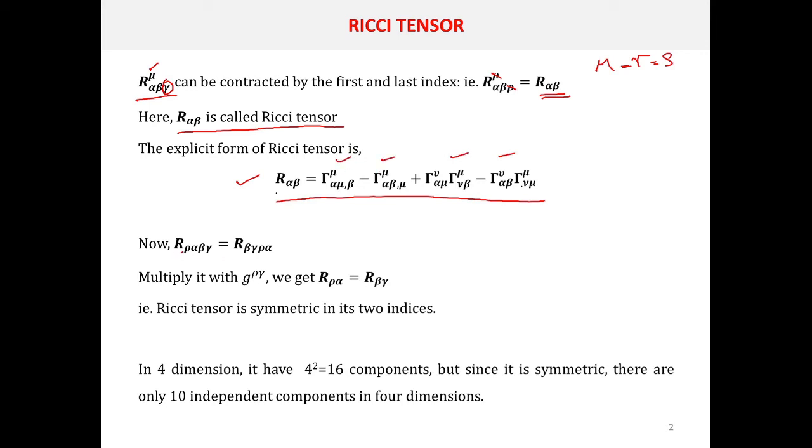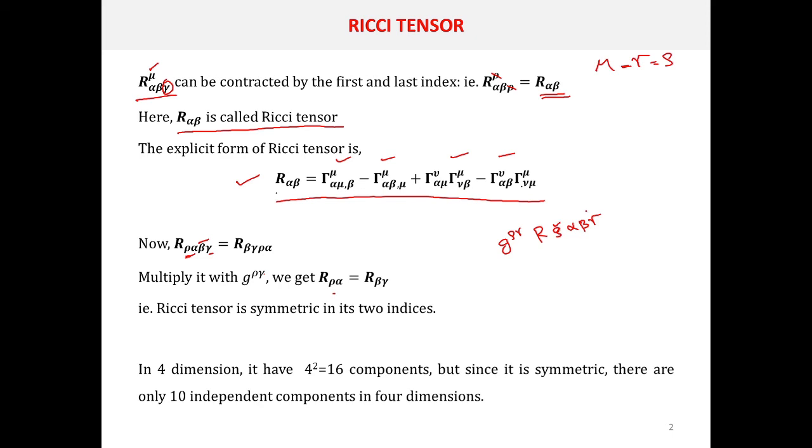Okay. Now we have already seen that the covariant curvature tensor, that is R rho alpha beta gamma, is symmetric with respect to the pair of indices. So R rho alpha beta gamma is equal to R beta gamma rho alpha. Now you just multiply it with G rho gamma. When you multiply it with G rho gamma, the first term will be G rho gamma into R rho alpha beta gamma.